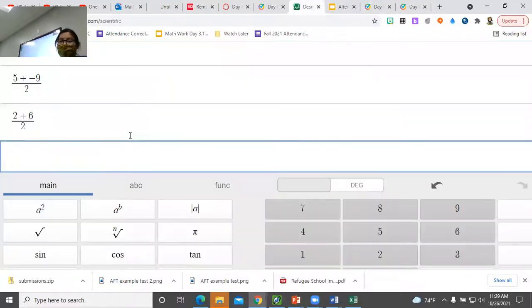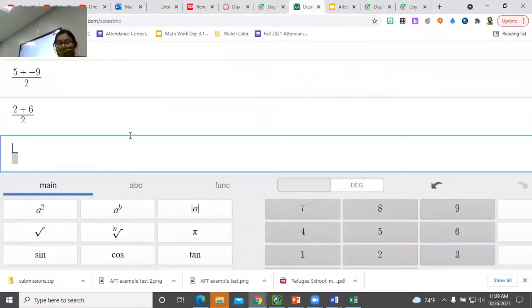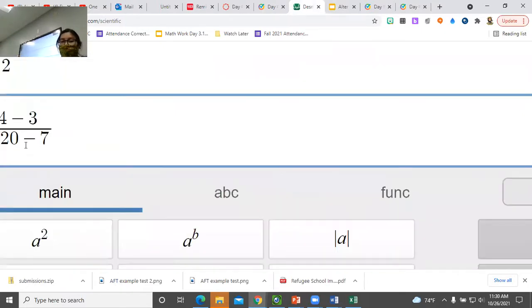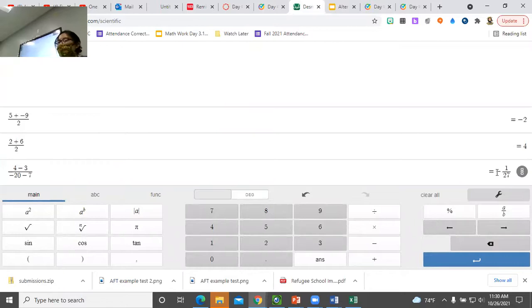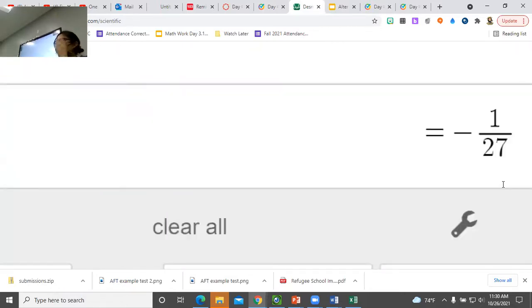So you press divide first. 4 minus 3 over negative 20 minus 7. That's what you're going to put in the calculator. And then if you get a decimal, you can click this button and it'll make it into a fraction. We want fractions. We don't want decimals.